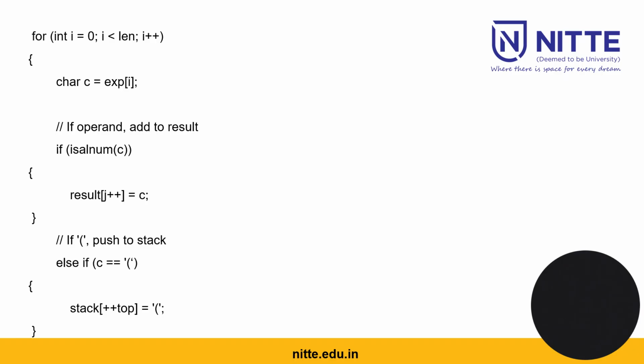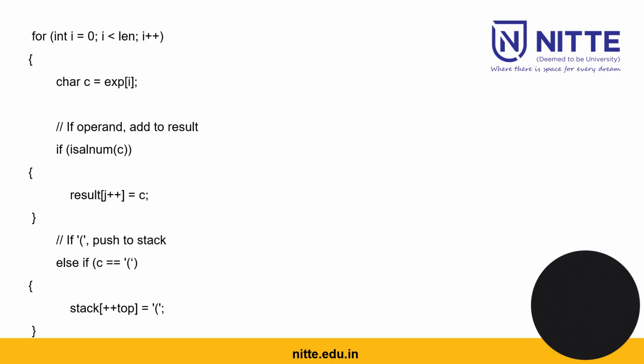But if it is an opening parenthesis, then what do I have to do? I have to push that into the stack, because we already saw that if we encounter operators, we have to push them into the stack.